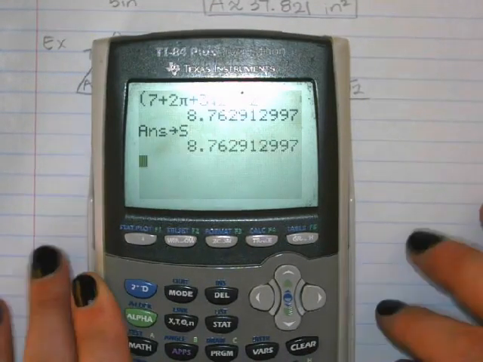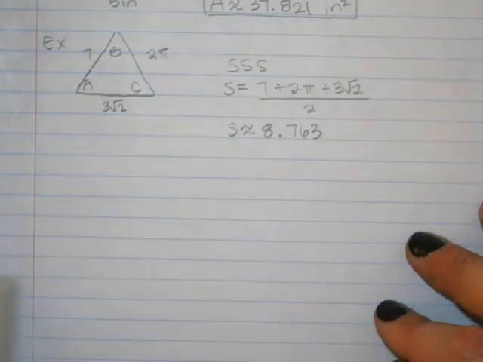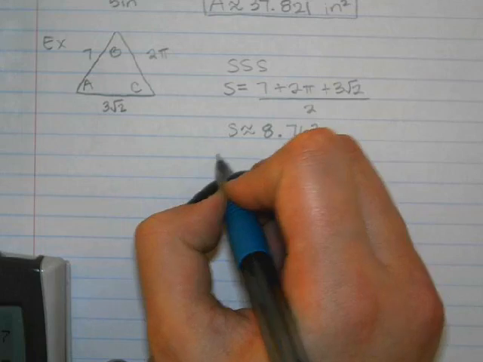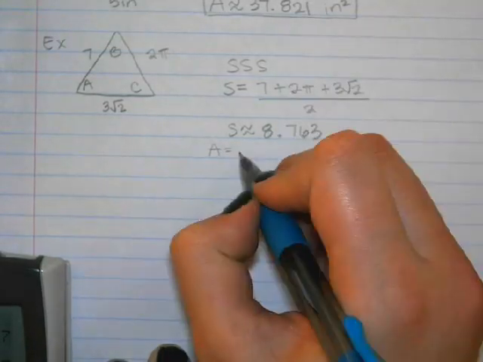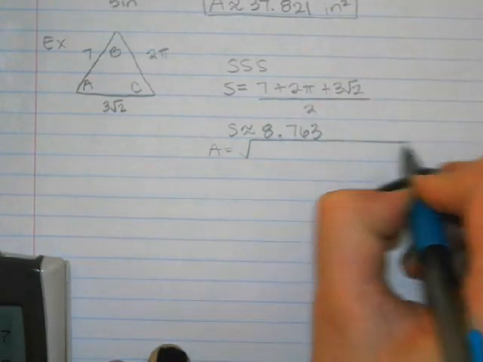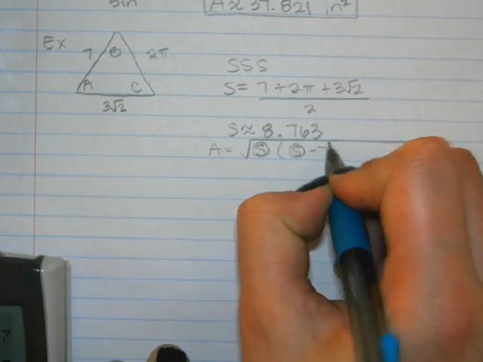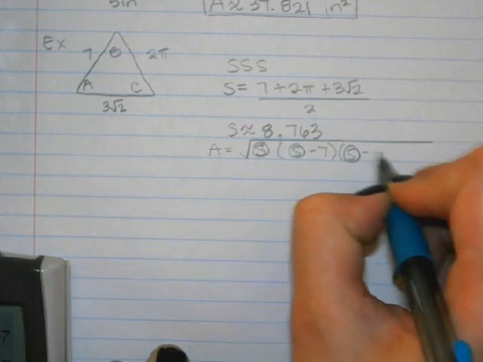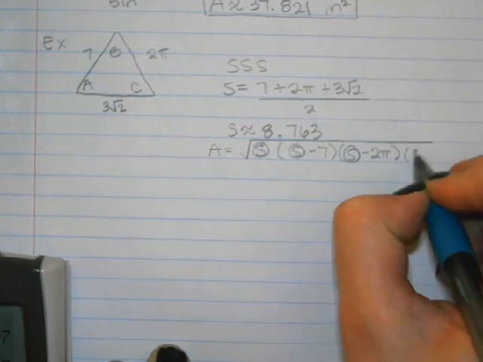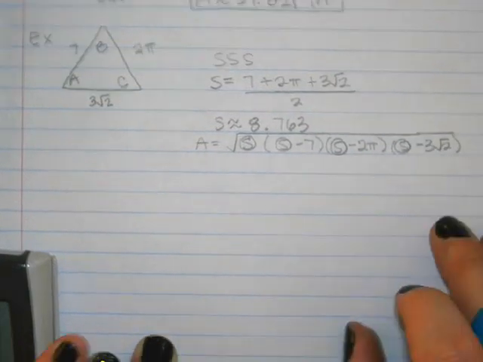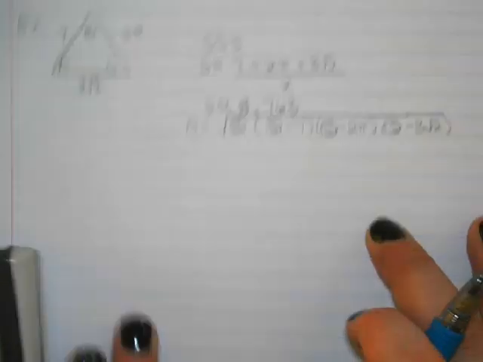So I stored that as S. And then I'm going to go ahead and say that my area is going to equal S times S minus 7 times S minus 2 pi times S minus 3 square root 2. That's what we're going to be typing into our calculator.